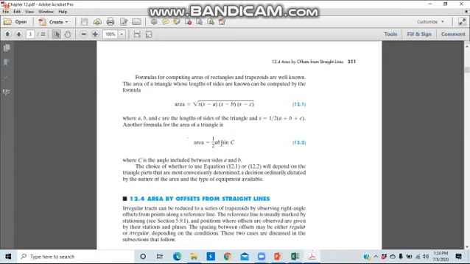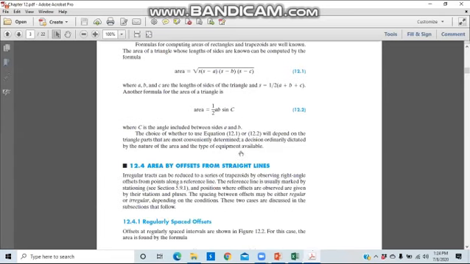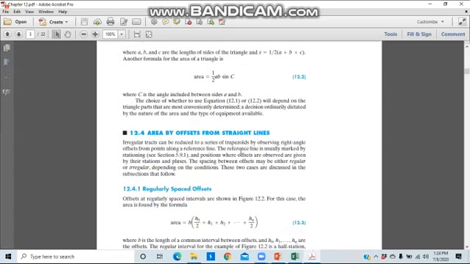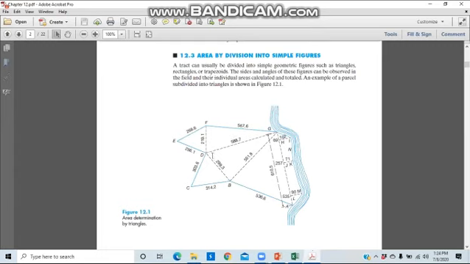If you have two sides and their internal angle, then you will use this method to calculate the area of that triangle.